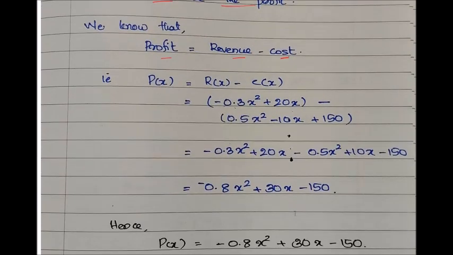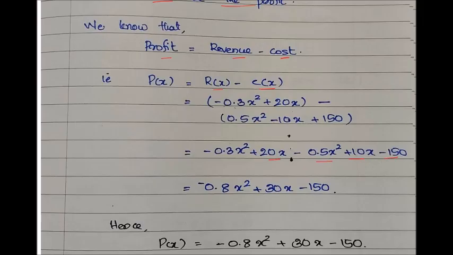So we can rewrite it as P(x) = R(x) - C(x) = -0.3x² + 20x - (0.5x² - 10x + 150) = -0.3x² + 20x - 0.5x² + 10x - 150.